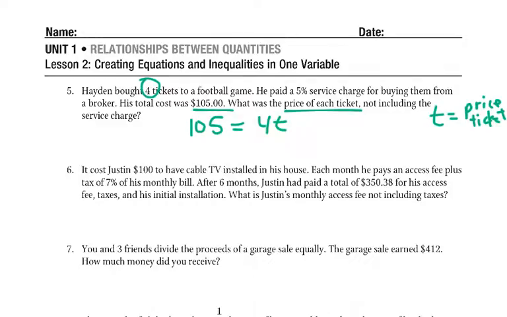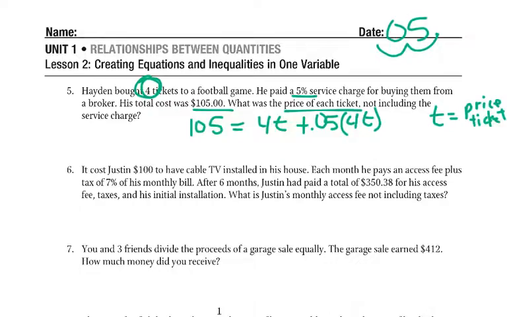But we also have to add in that 5% service charge. Okay. So because it's a percent, it's based off of our original. Okay. So we'd go now 5%, remember, it'd be 0.05 mathematically times those 4 tickets.